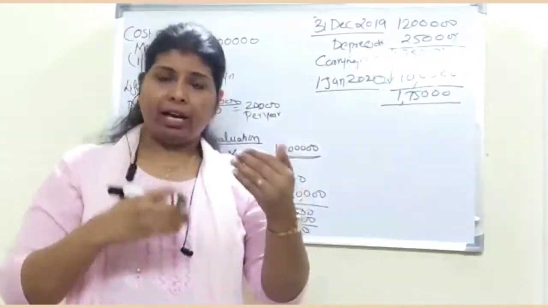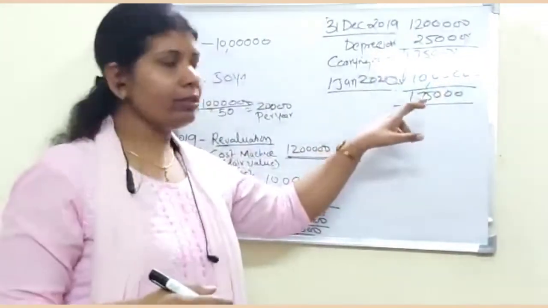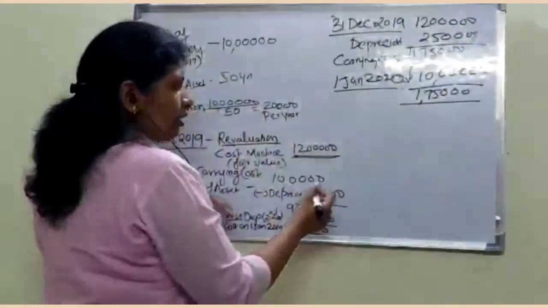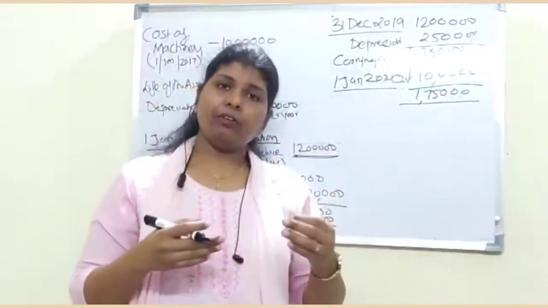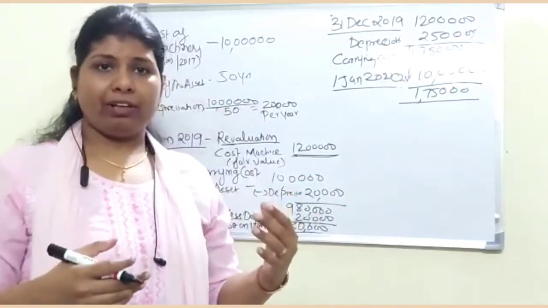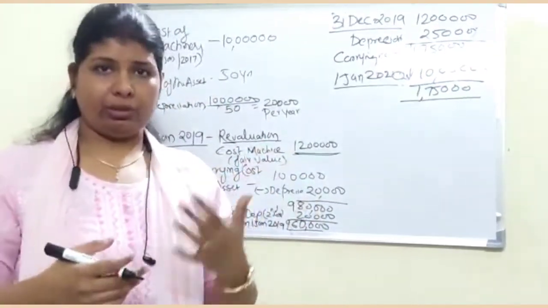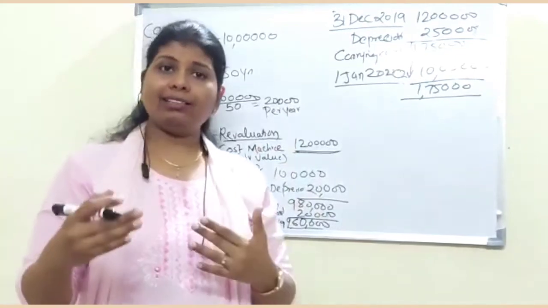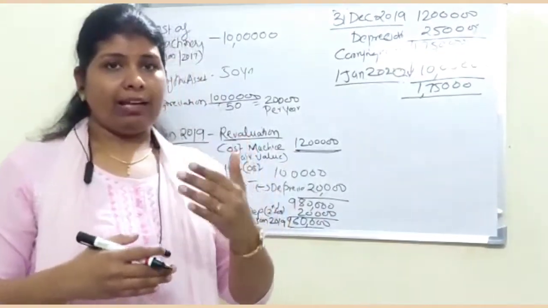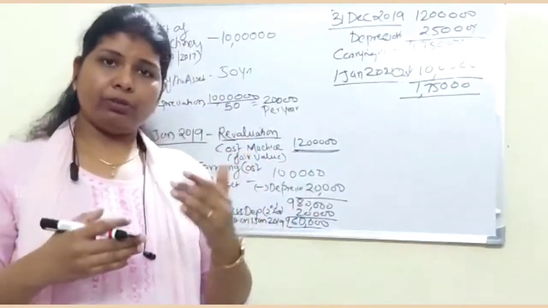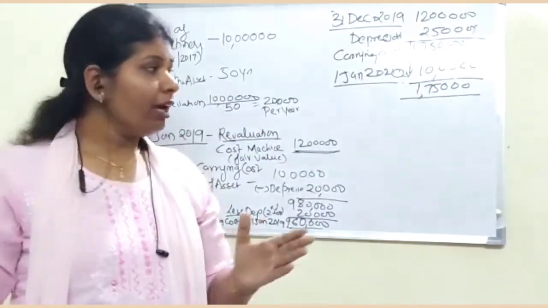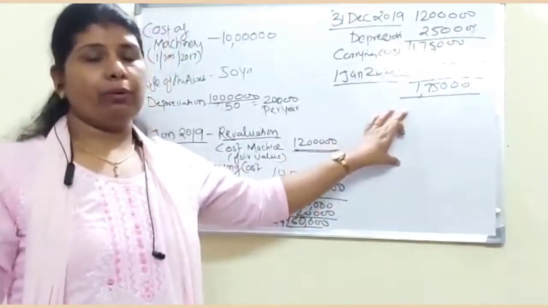I have to bring down the asset by 1,75,000 rupees, so I will use the revaluation reserve account, which I created in 2019 by the increase of the asset.